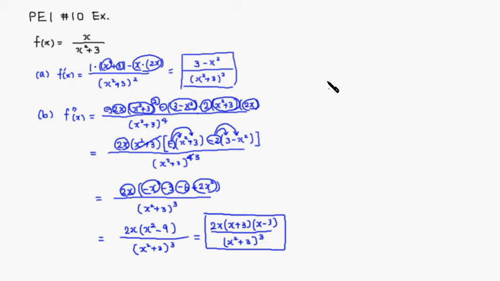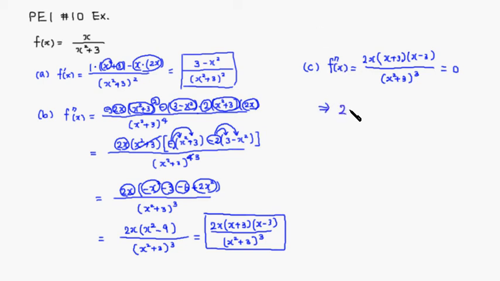And part C is we want to set that equal to 0. So f double prime of x, which is 2x times quantity x plus 3 times quantity x minus 3, all over quantity x squared plus 3 cubed, equals 0. All you have to do is make sure that the numerator is equal to 0.